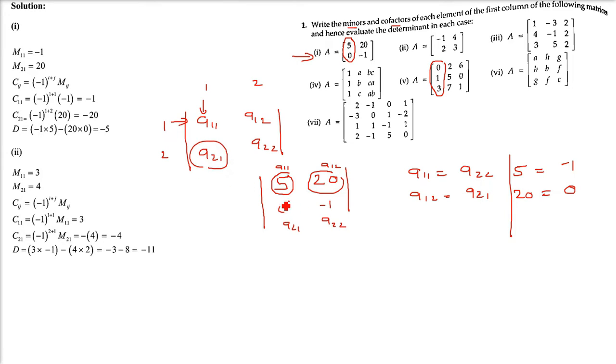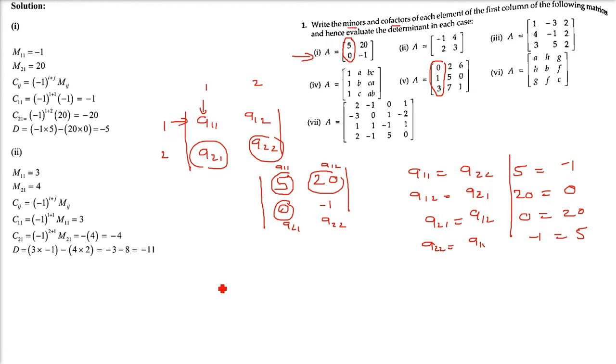Similarly for A21, we leave its row and column, only A12 is remaining, so the minor of 0 is 20. For A22, we leave its row and column, only A11 is remaining, so the minor of -1 is 5. So we got all the minors: -1, 0, 20 and 5.